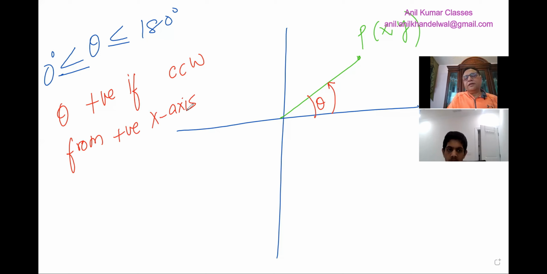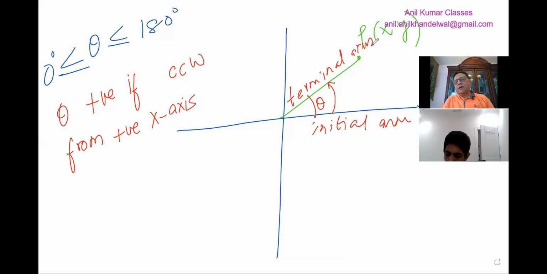So this is called the initial arm, and that is called the terminal arm. And the angle made, if it is moving counterclockwise, is positive.